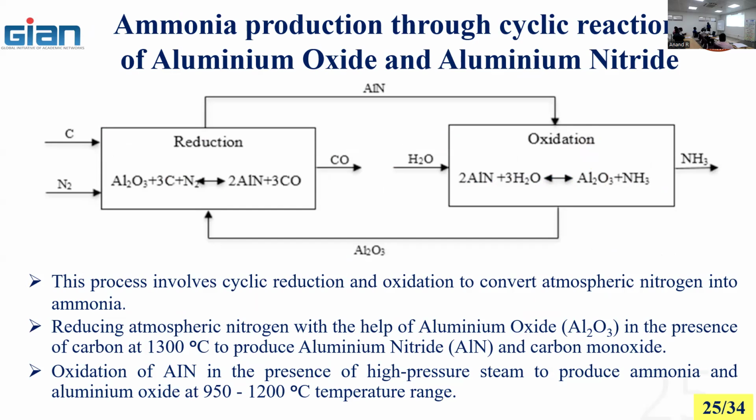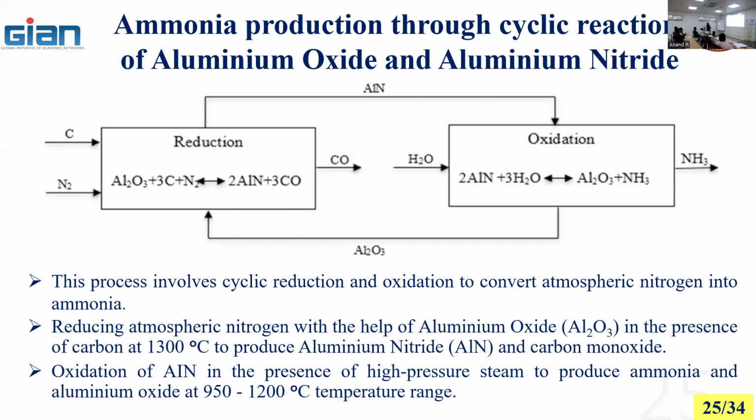So there are different ways of producing ammonia from hydrocarbon. Reduction and oxidative reaction by using aluminum oxide or aluminum nitrate. One of the papers we found uses aluminum oxide. When it reacts with the carbon, it produces carbon monoxide, which comes out as a product, and then ammonia is formed.